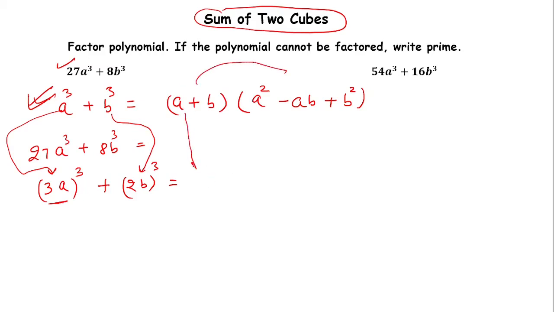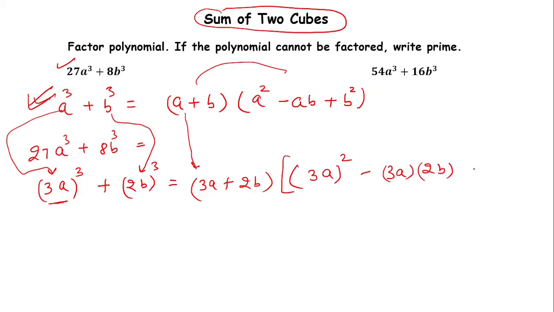So a should be replaced by 3a and b should be replaced by 2b, is equal to 3a whole square minus 3 times a, 2 times b plus b square. If you have any trouble understanding this, you can pause the video.